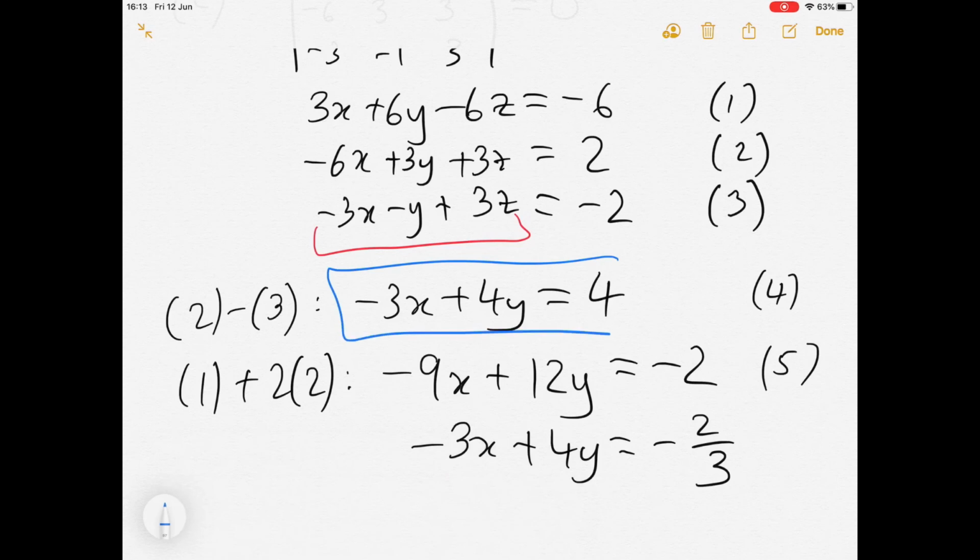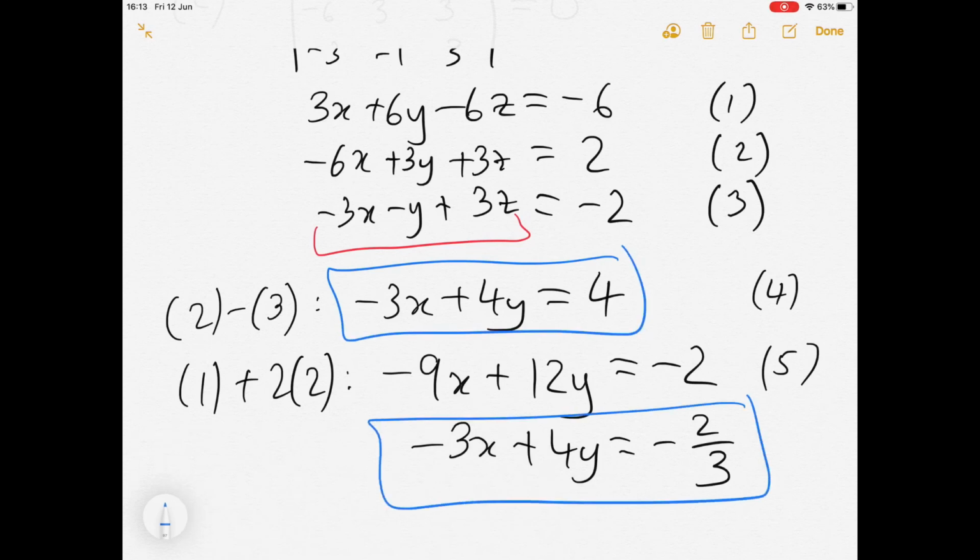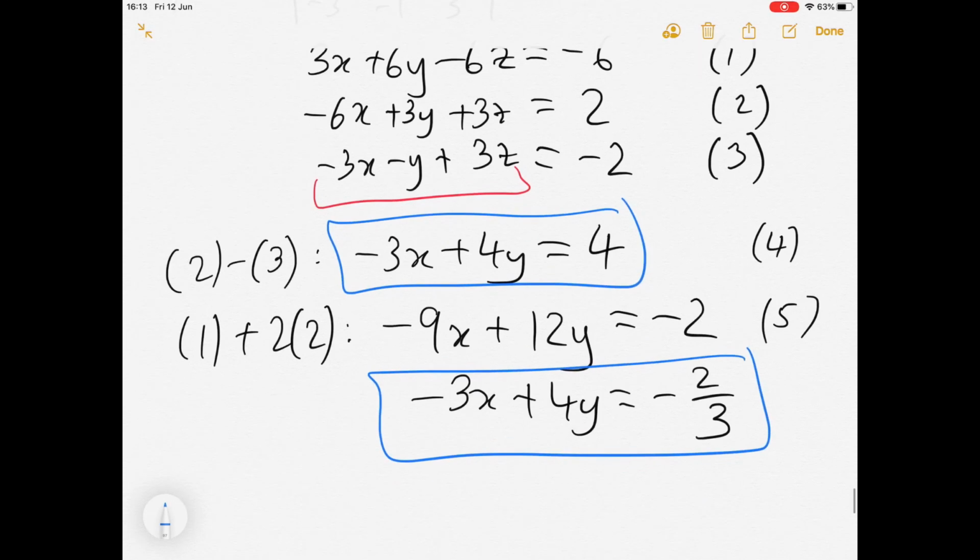So now look very closely at the two equations in the blue boxes. These are not consistent. It's impossible to have values of x and y that satisfy both of these two equations at the same time. Can't happen.